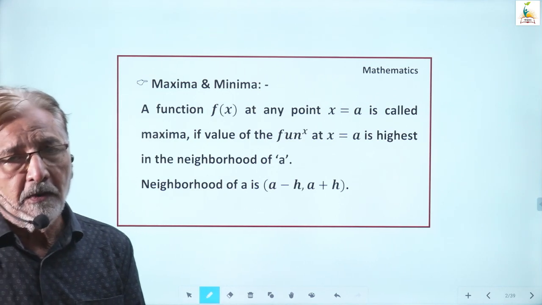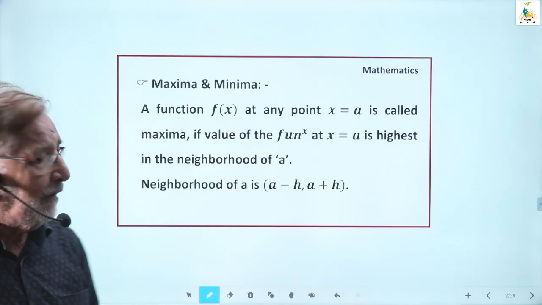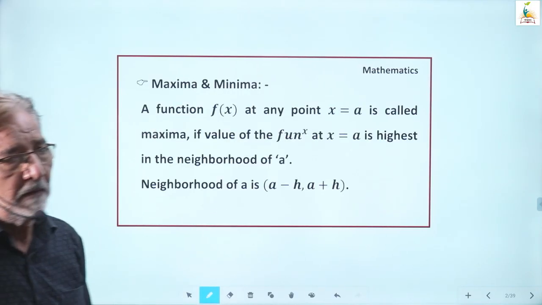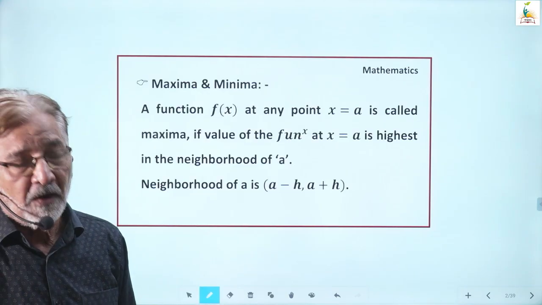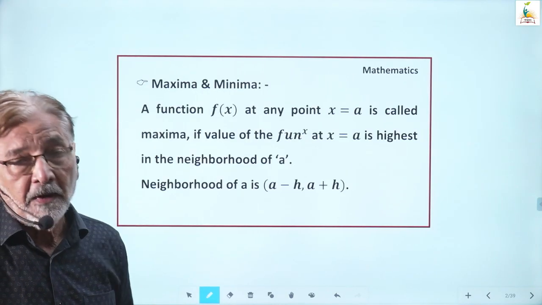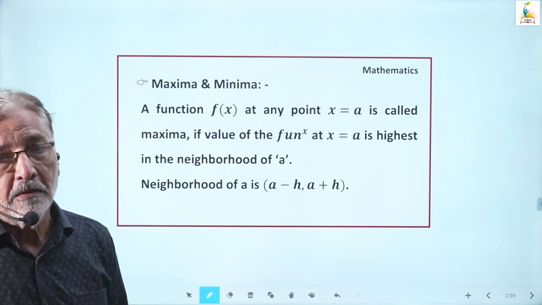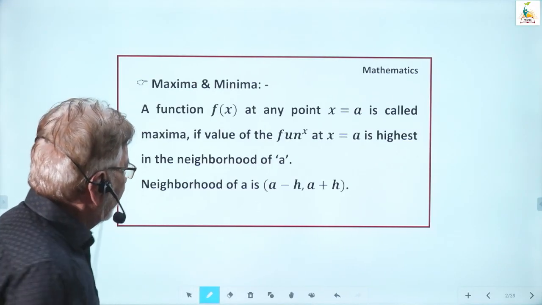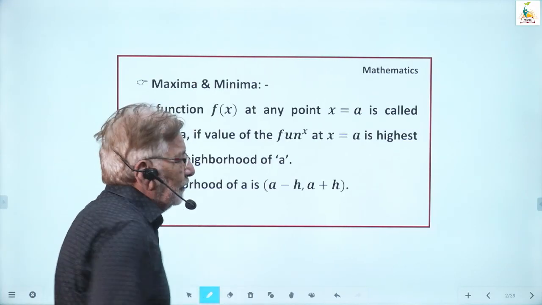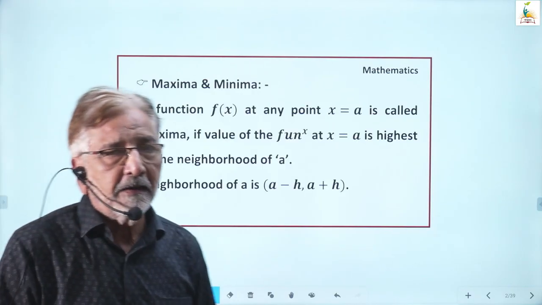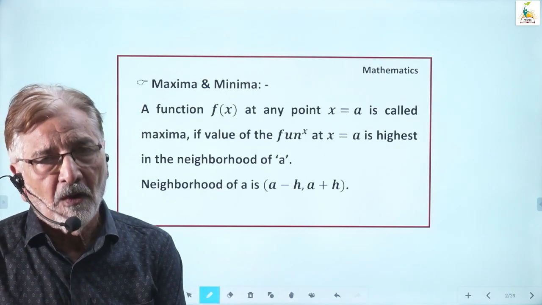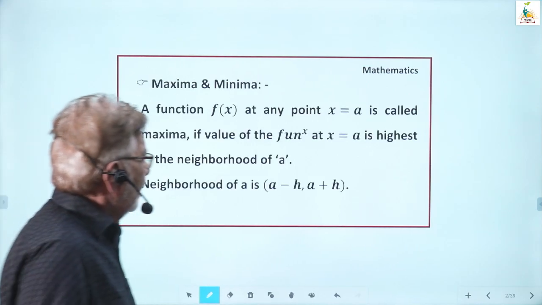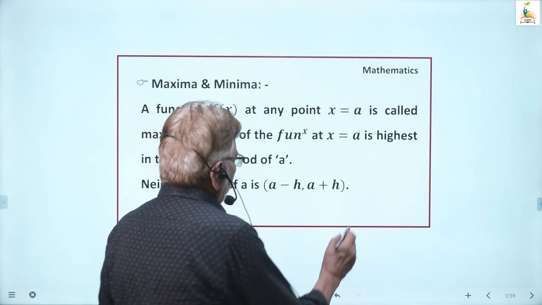Its value at x equal to a shall be highest in the neighborhood of a. What is the meaning of neighborhood? H neighborhood of a is all the quantities in the open interval (a minus h, a plus h).